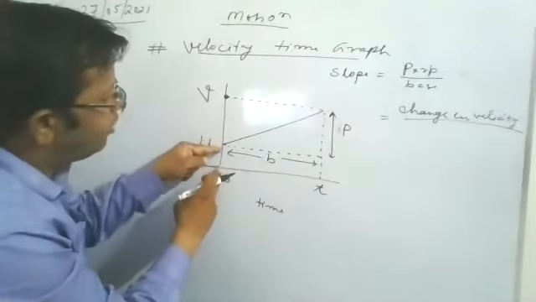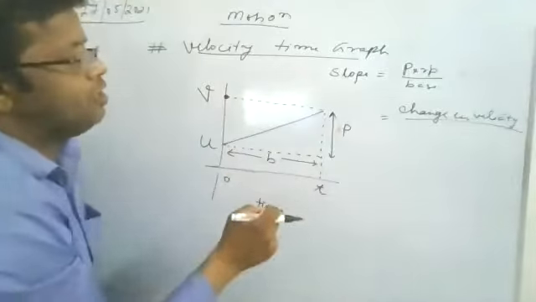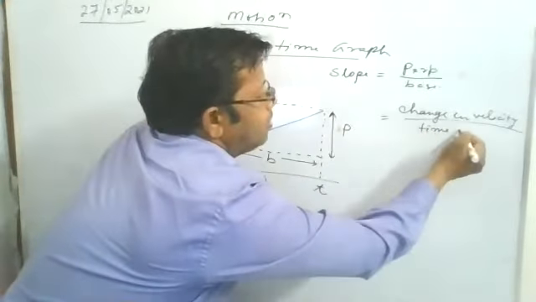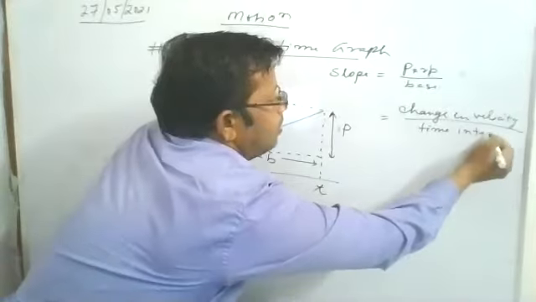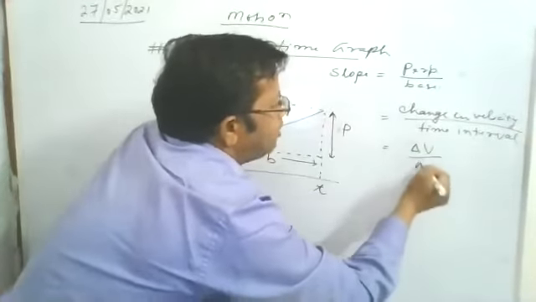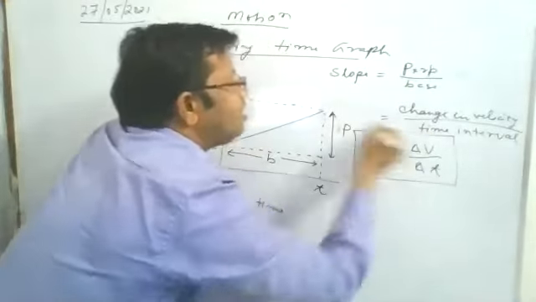When the time was 0, velocity is U. When the time reaches T, the velocity becomes V. So change in velocity upon time interval, you know this slope is called acceleration.